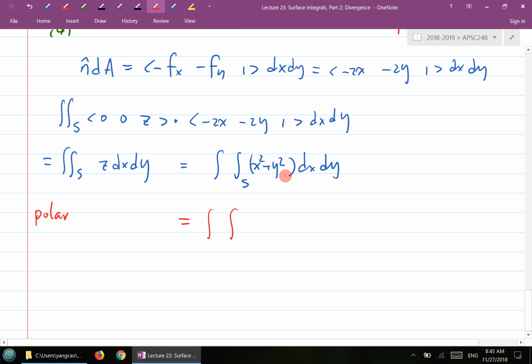And x squared plus y squared here becomes r cosine theta squared plus r sine theta squared, and dx dy becomes r dr d theta. And the limits are r from 0 to 1, theta from 0 to 2 pi. The term inside the bracket is r squared, and you've got r cubed. So altogether you're going to get pi over 2.